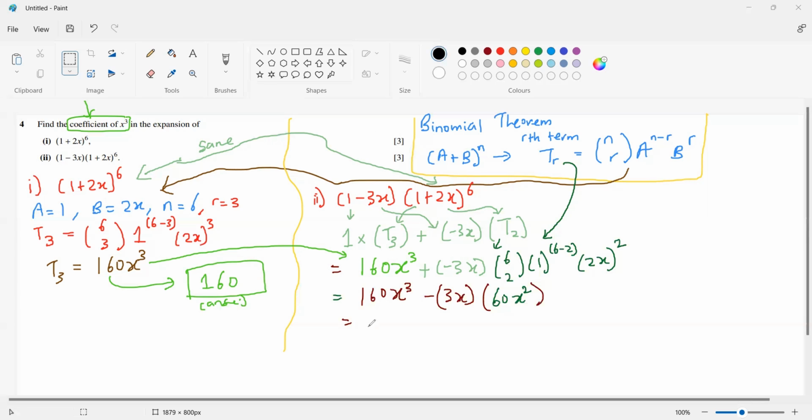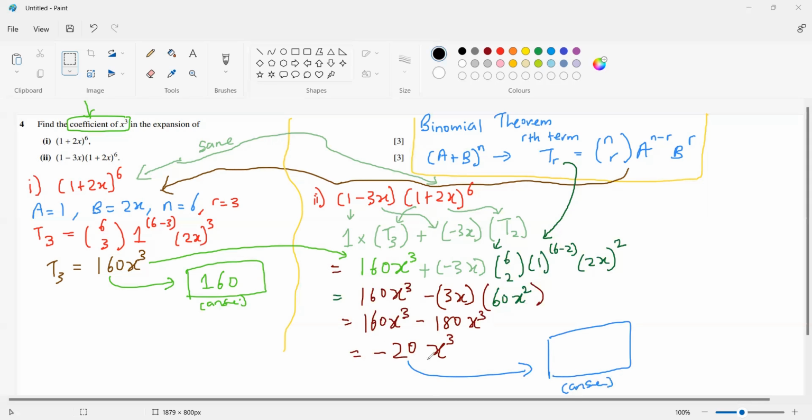So then we just calculate this first: 160x cubed minus 180x cubed, from which we can deduce that this is negative 20x cubed. From here, we only want the coefficient. Coefficient means we do not write the x, just the number in front of the variable. So the answer for the second part is negative 20. Thank you.